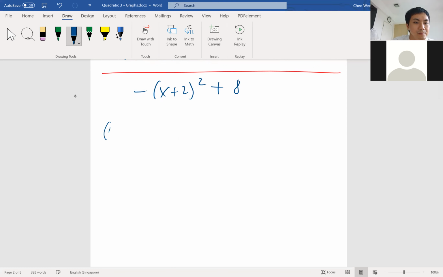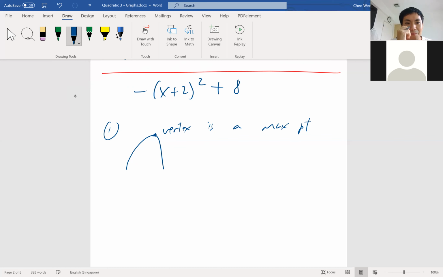Is this a U-shaped graph or N-shaped graph first? It's an N-shaped graph, which means its vertex must be a maximum point.